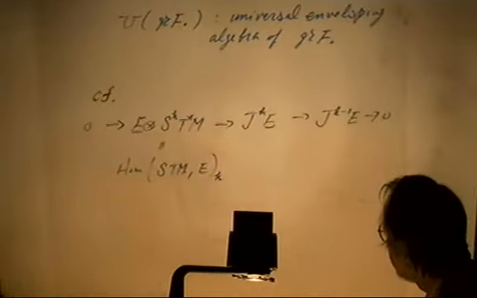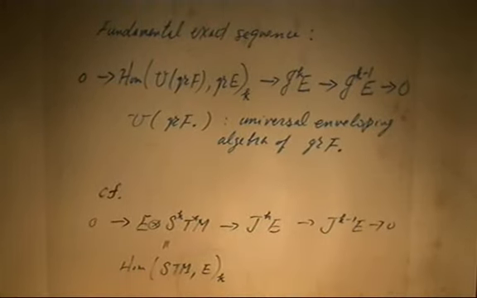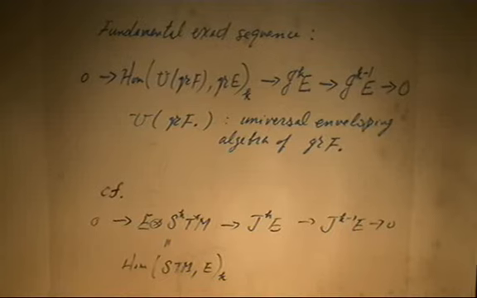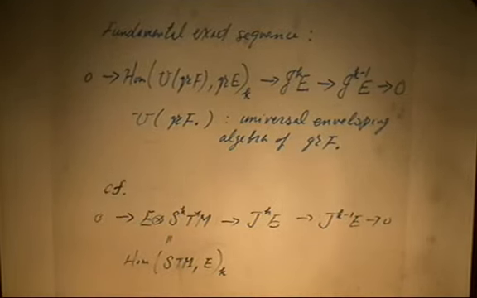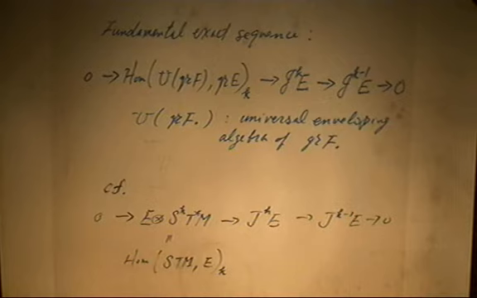Another very fundamental thing is the notion of symbols. First of all, we have this fundamental exact sequence. That is, we have a natural projection of J^k to J^{k-1}. What is the kernel of this projection? It is written like this.